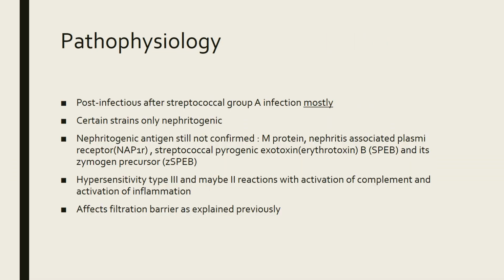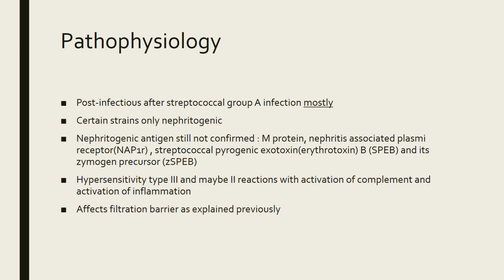So post-strep glomerulonephritis by now has been proved to occur as a post-infectious non-suppurative complication of group A strep infection. It's now known that not all strains of group A strep will cause it. They are actually nephritogenic strains.